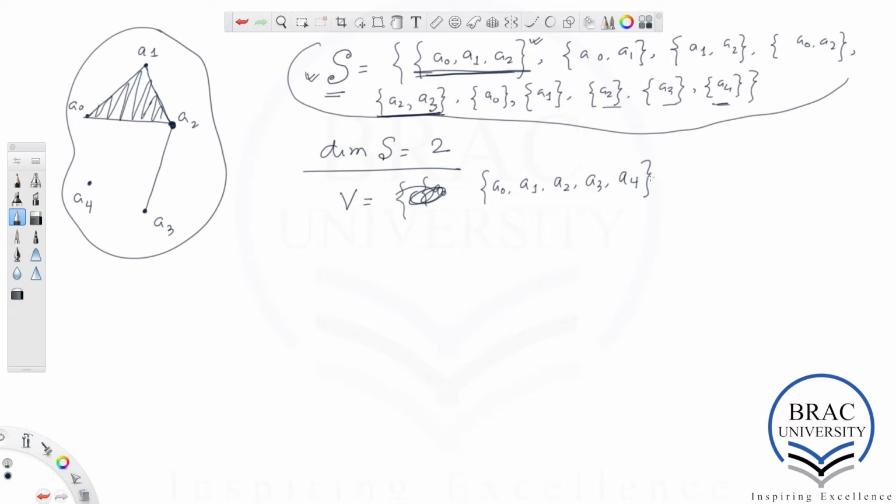Okay, note that the vertex set of the simplicial complex is not a member of this simplicial complex S in general. Okay, and A0, say A1 is a vertex of S.